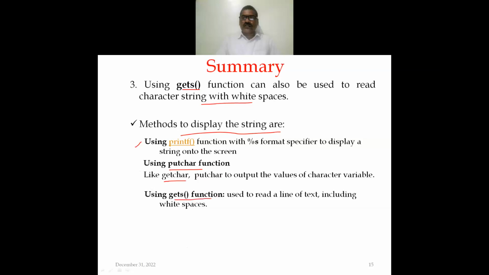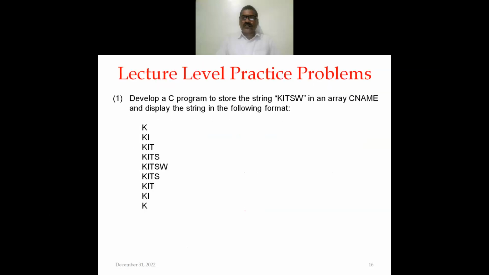Then the third is the puts function. The gets function is used to read a line of text including white space, but to display that we have to make use of the puts function, which is used for displaying the string onto the screen. So this is today's session.